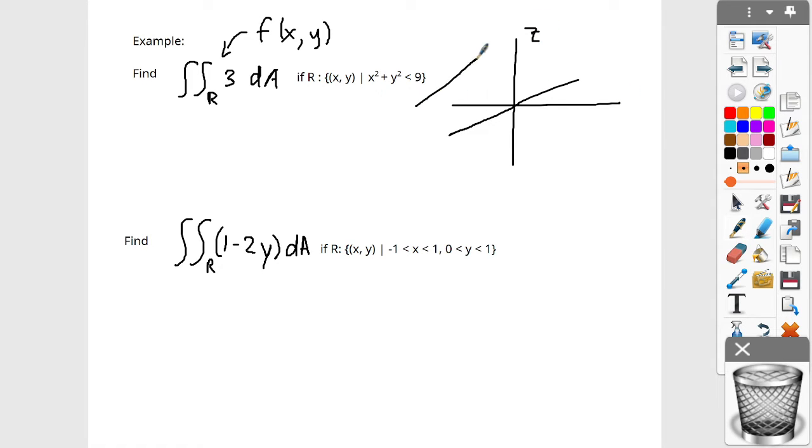So if z is equal to 3, then we end up with a plane, z equals 3. And if we have a region x squared plus y squared is less than 9, that's just a circle with the radius 3.